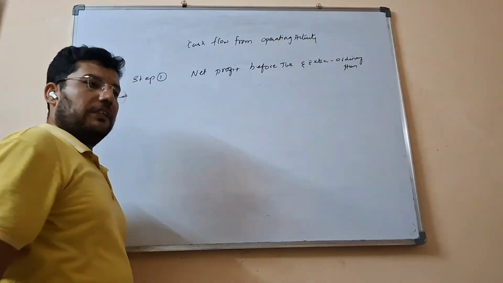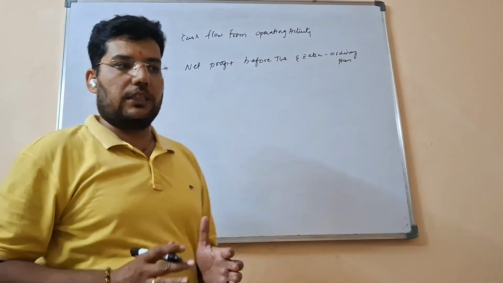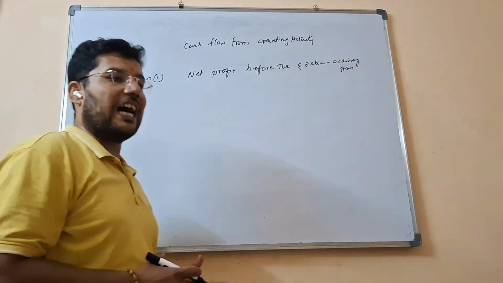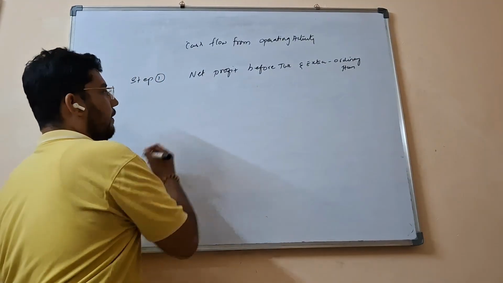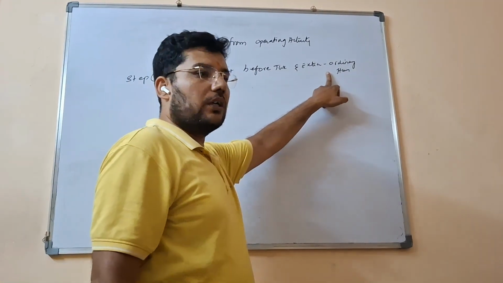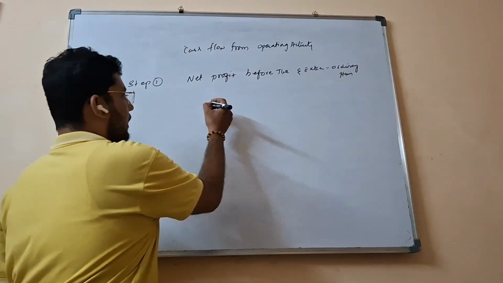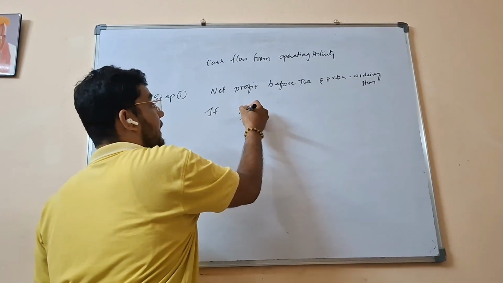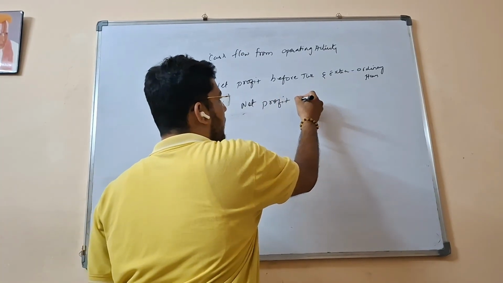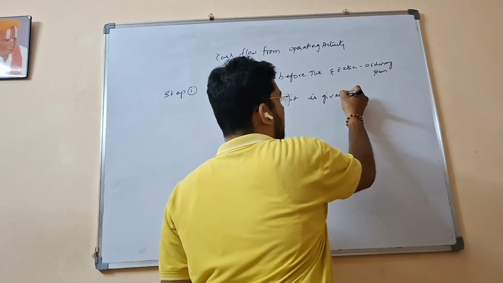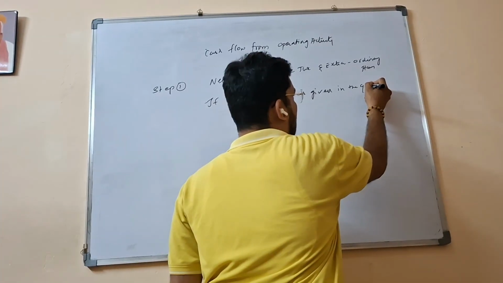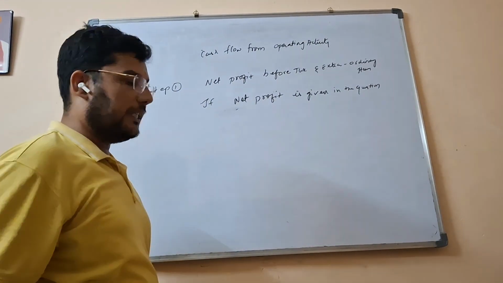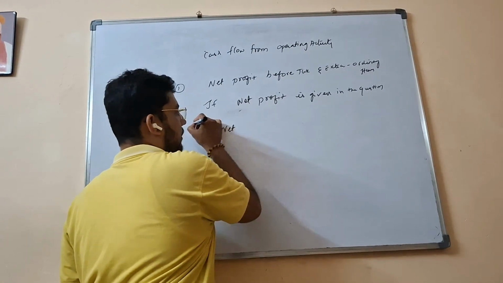So we need to check what is given in the question. Is net profit after tax given to you? If net profit after tax is given, we are going to find out net profit before tax and extraordinary items. So your step 1 will be net profit.